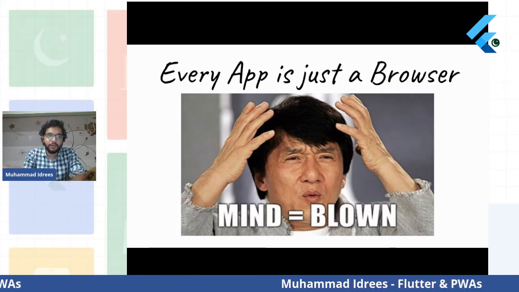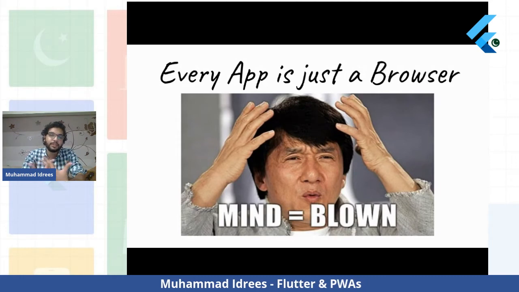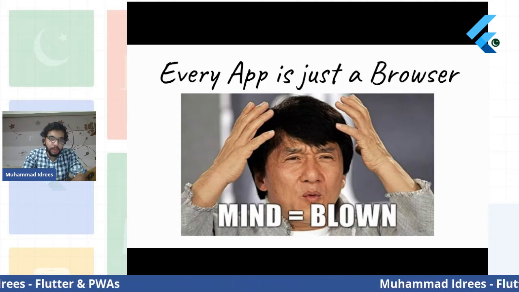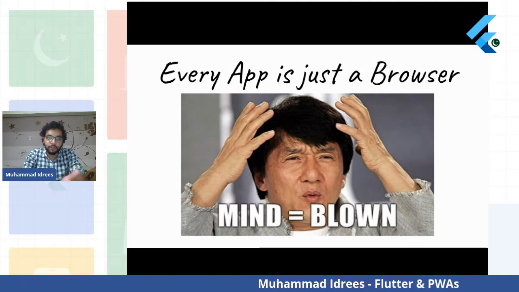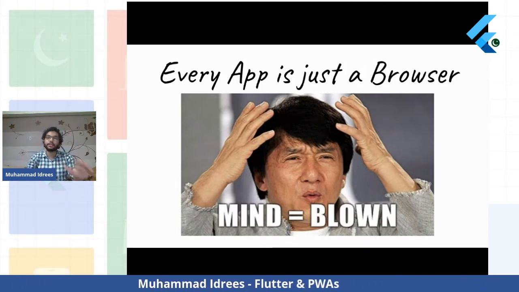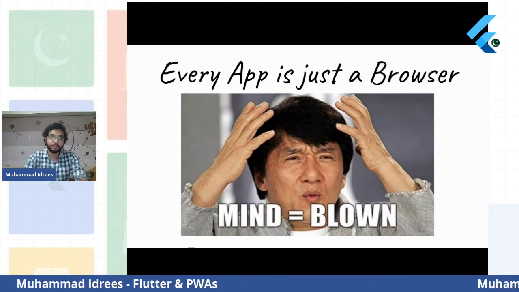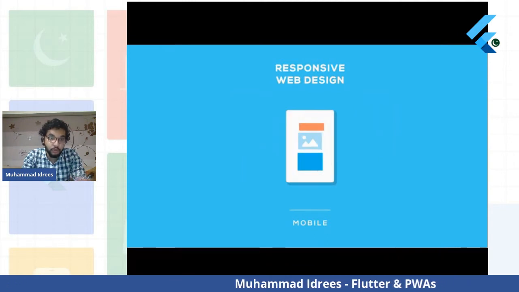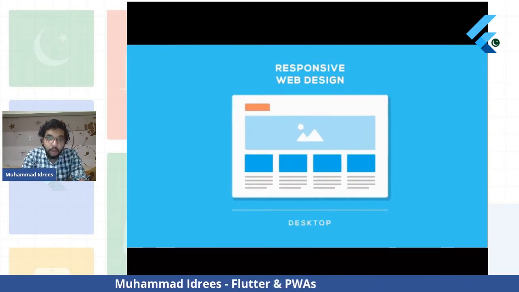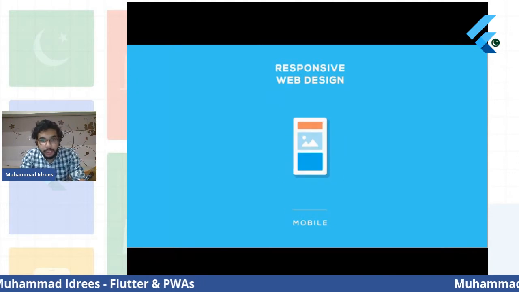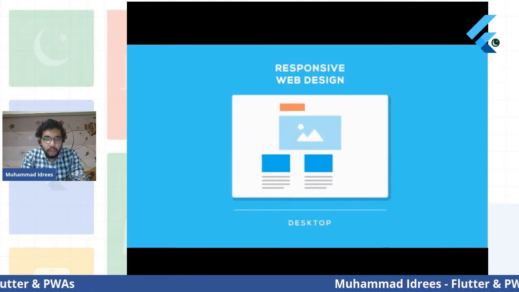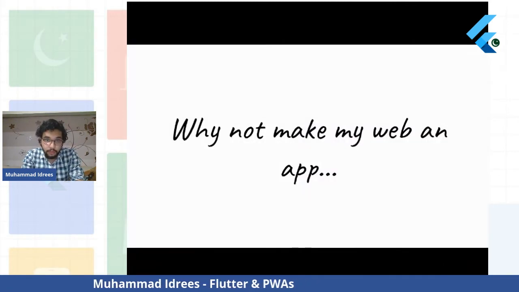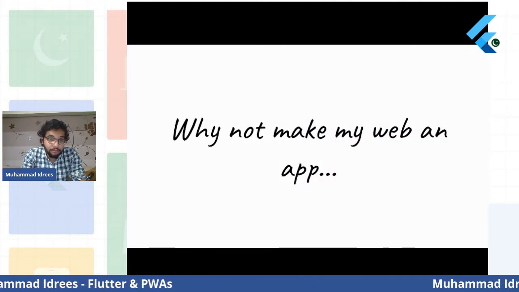So if I am a business owner and I launch a website, obviously in today's time, it's a must to have it responsive, because if it's not responsive, then all these device sizes would not use it. You're probably watching this stream right now on your mobile phone or a tablet. So we already have a web design that's responsive. Then why not just make it an app?